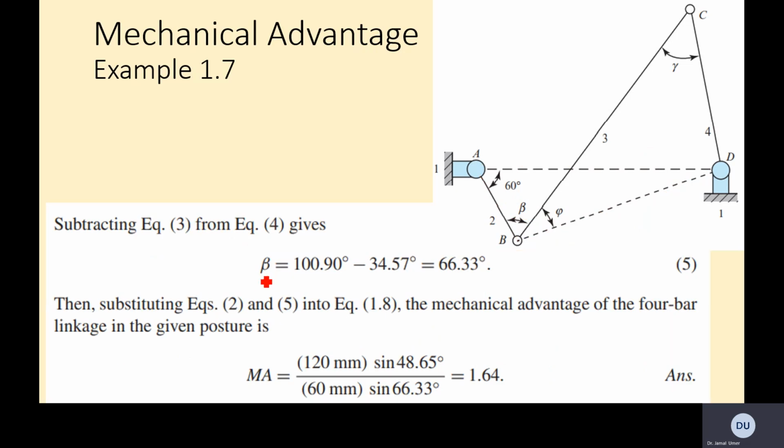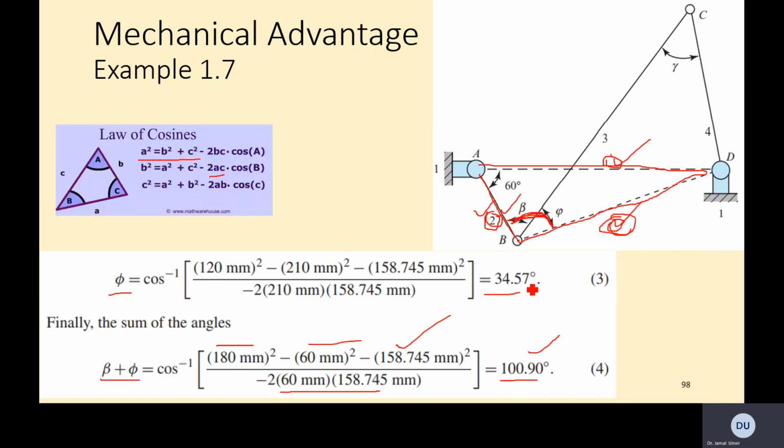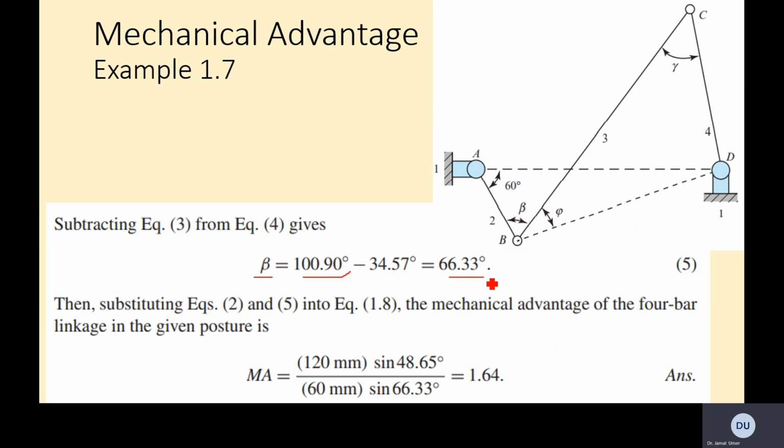So you take the sum of beta plus phi minus phi. Phi has been calculated as 34.57, so you can work out the beta value. Now beta is determined, gamma is determined, the work is done.